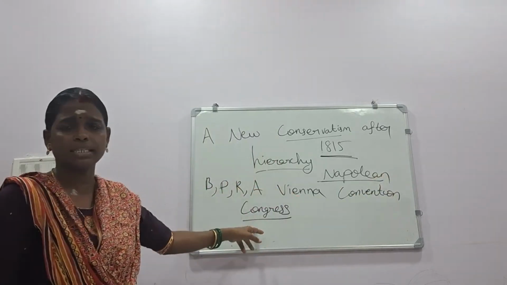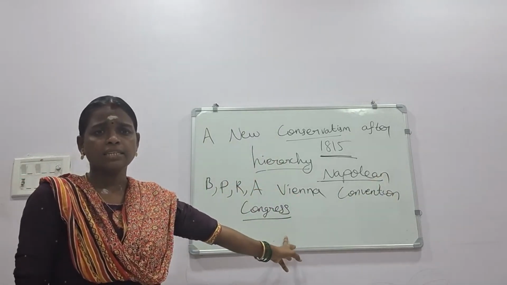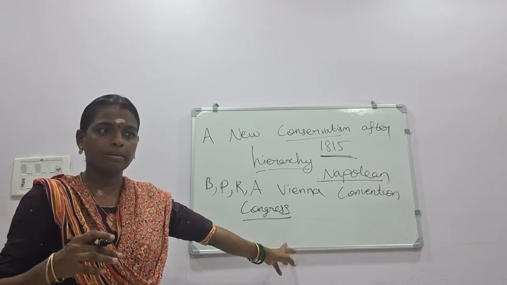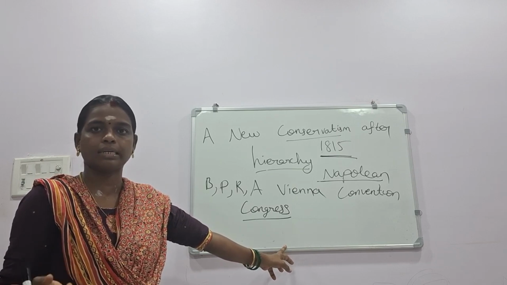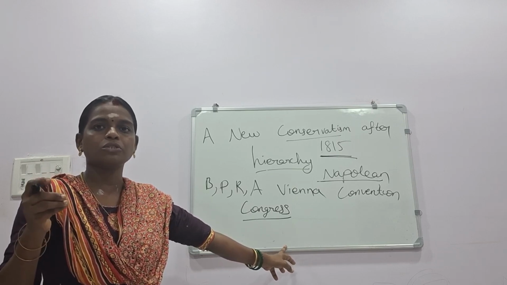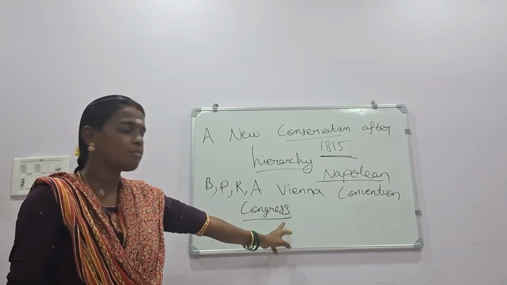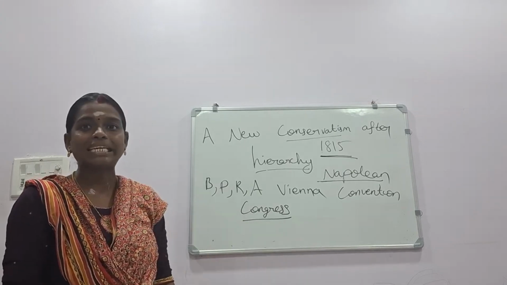So Congress was conducted, hosted by, led by someone. Whatever the conference or program is conducted, one person should be there as a leader. So the leader of the conference was the matriarch.